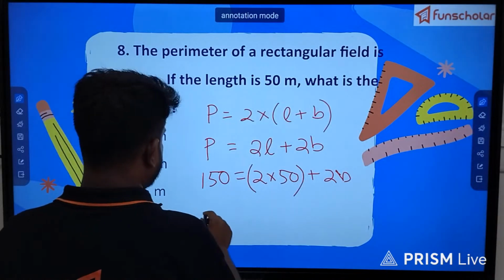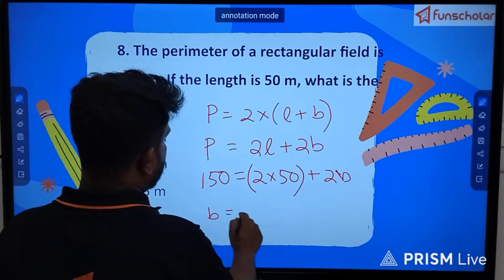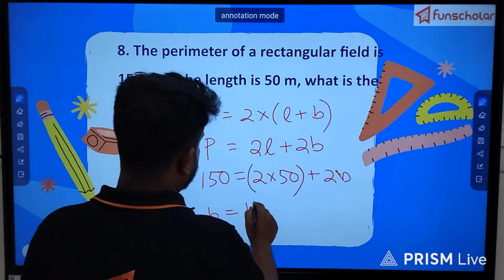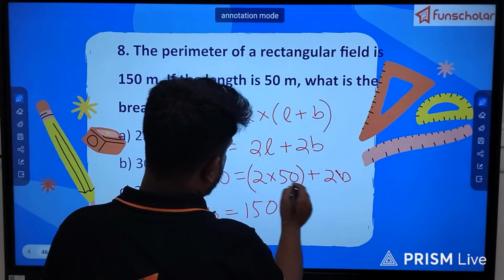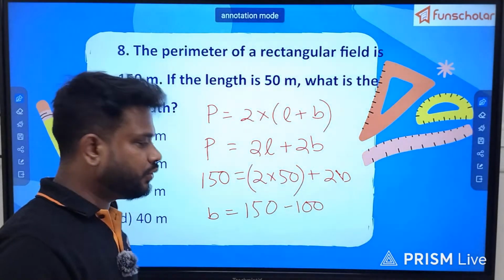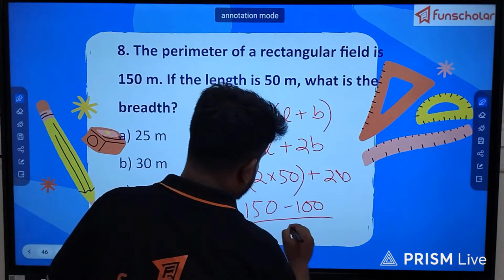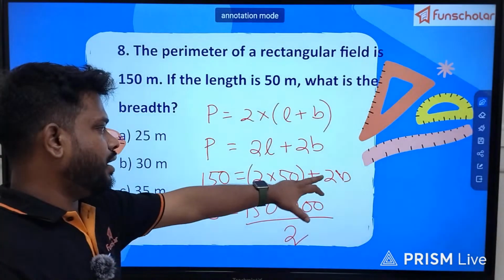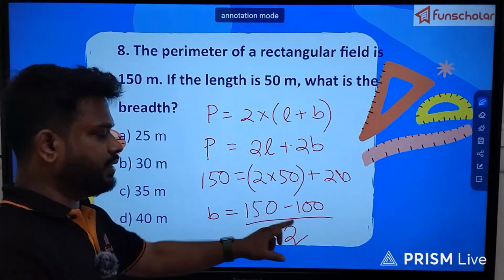Okay. From this formula we can find the breadth by subtracting the 100 that comes from multiplying the length with the 2, and then we can divide by 2 as well.